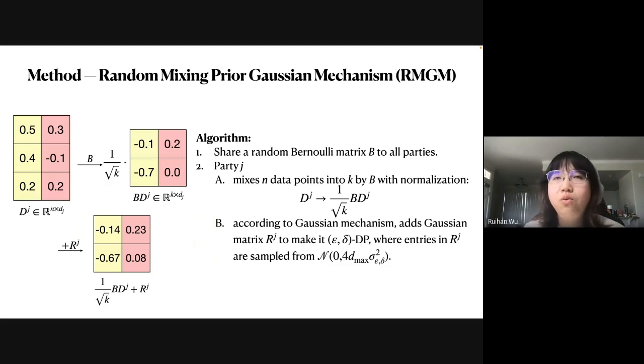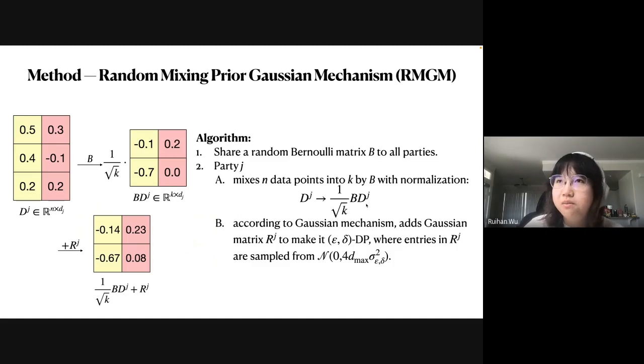Then we apply the Gaussian mechanism. We add the Gaussian matrix Rj to make it epsilon-delta DP. By carefully computing the sensitivity of the first step, B is also taken into account.